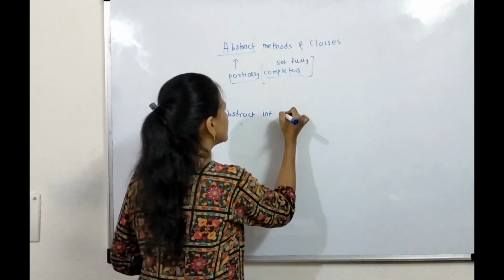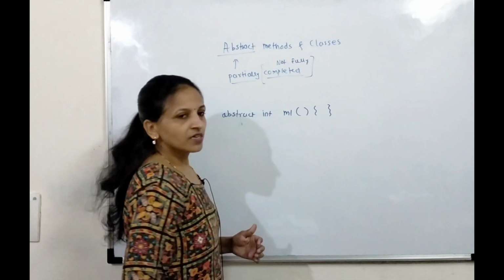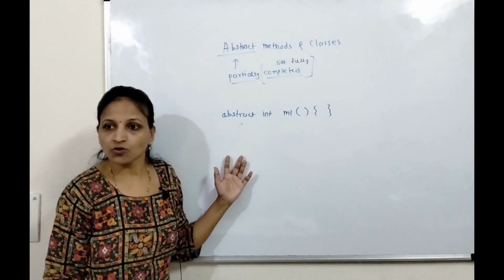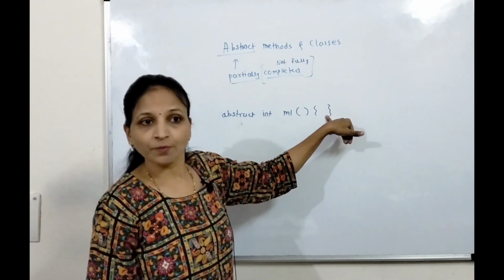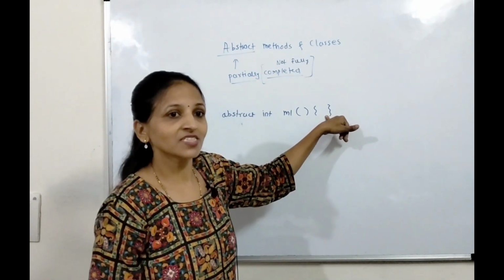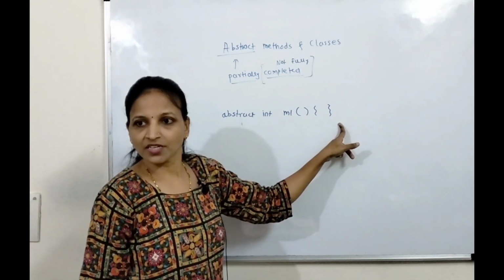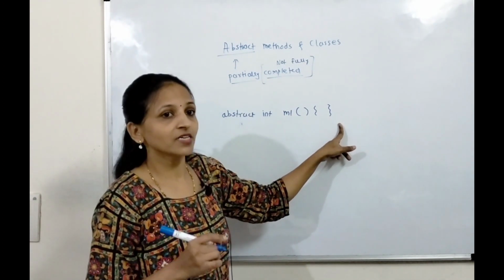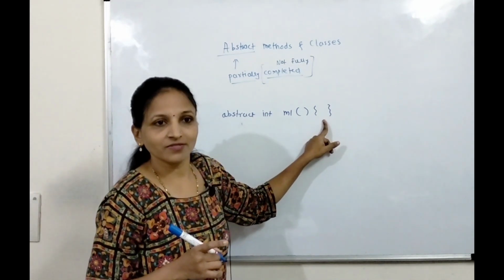The method name is let m1, and here I am writing suppose in this way. Now is it okay? No, because here we are not writing any implementation, but this will be considered as a method having body, empty body. Empty body is not like only a declaration. That's why here you will get error.